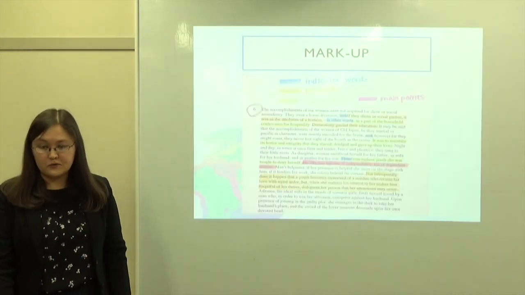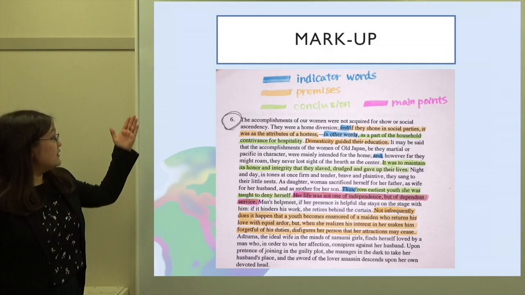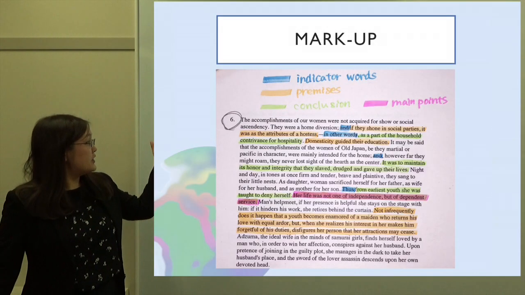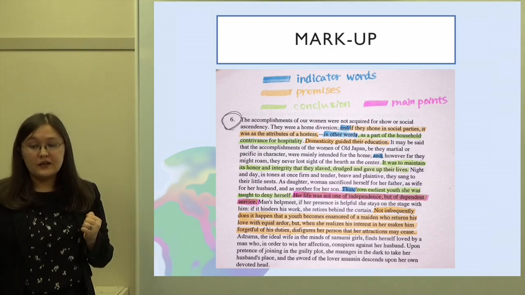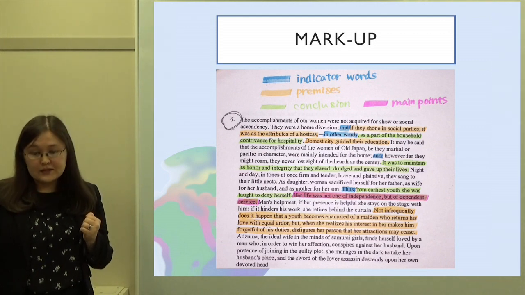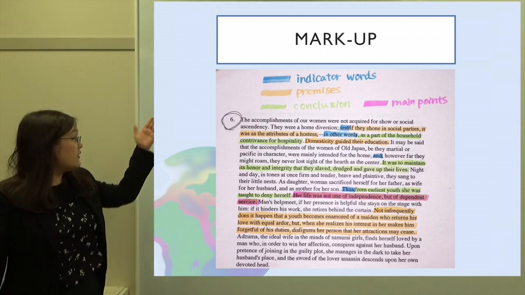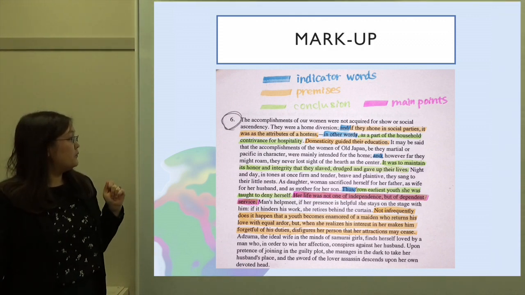So here are some examples from my previous students. You can see each student has chosen what color has what meaning. For this student, blue is an indicator word, orange is a premise, and light green is a conclusion. So whenever she sees an indicator word, she uses blue.